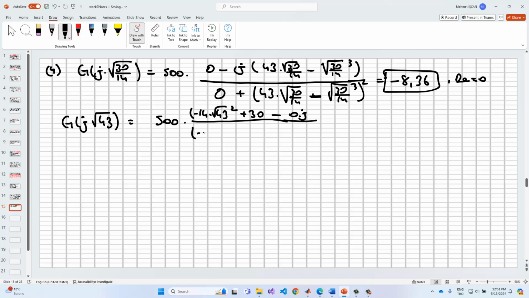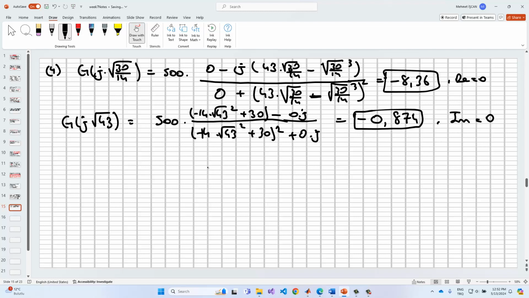And so this also equals 0 minus 743. Okay, these are the cases where the imaginary part is equal to 0.